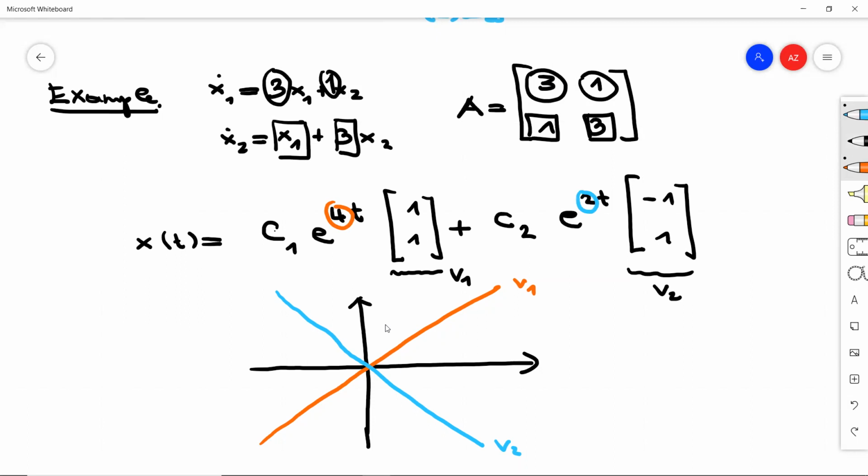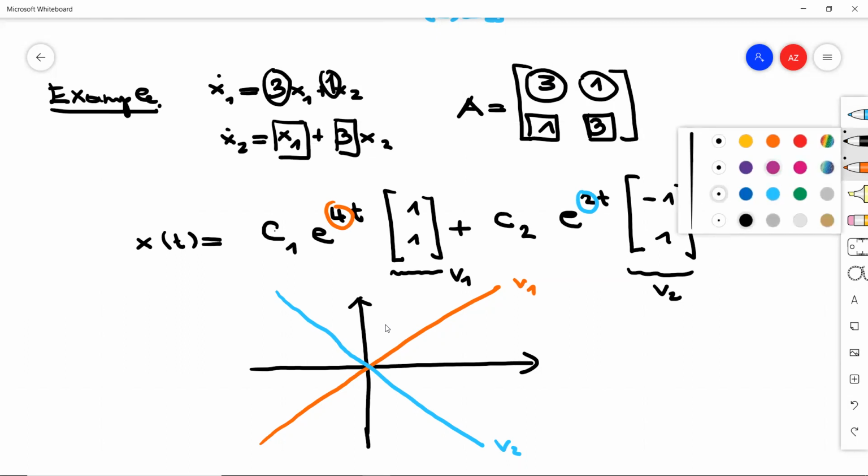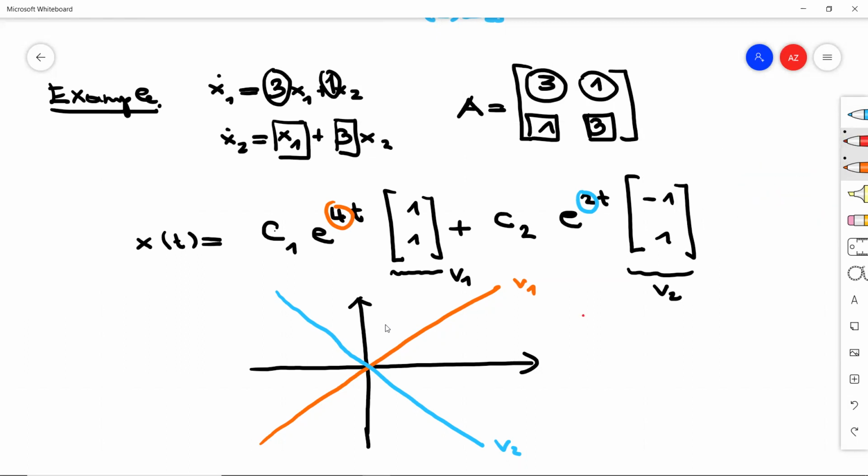So what's our phase plane going to look like? It will be like that. When t goes to minus infinity, we will be going to the origin, and the slope will be this blue one. And then at infinity, our asymptote will become V1.